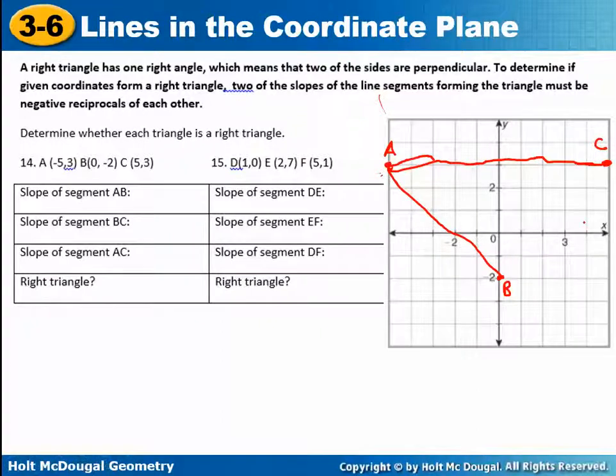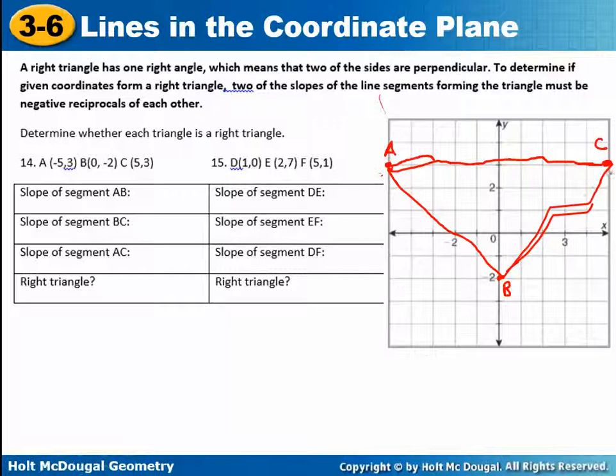And down here. Okay, so that's terrible, but we want to determine if this is a right triangle or not. So in order to do that, we have to see if there is one right angle.